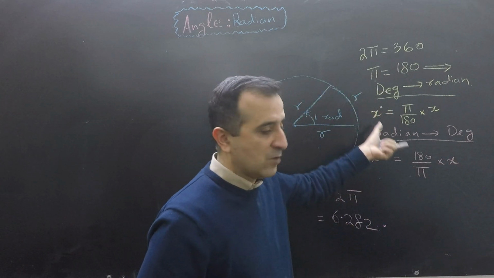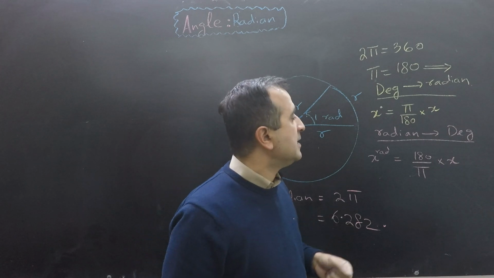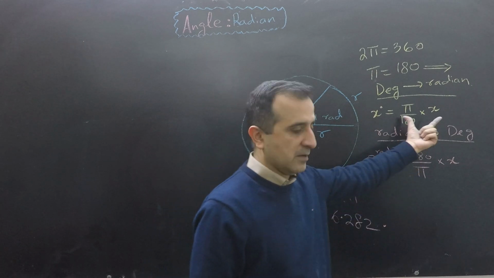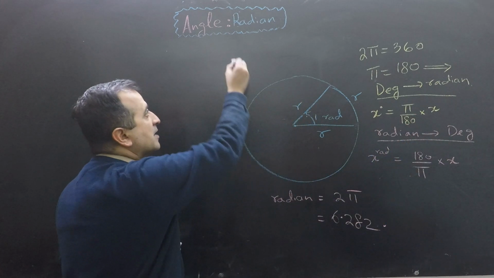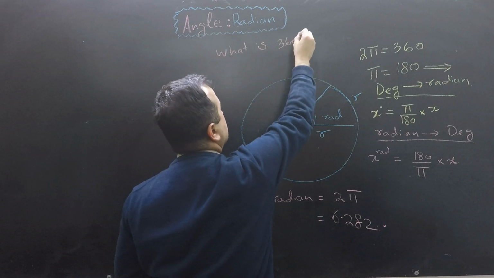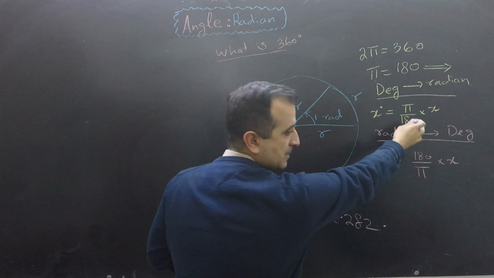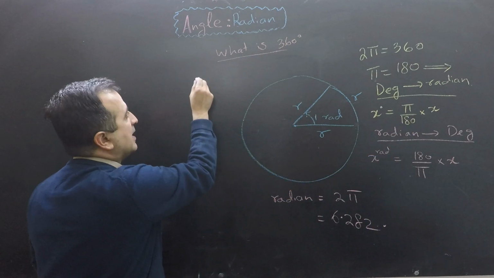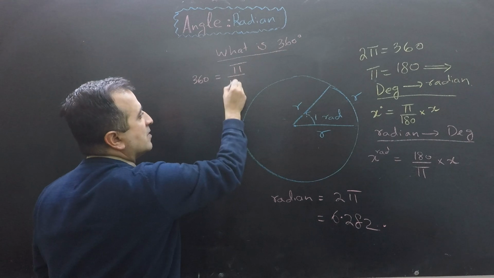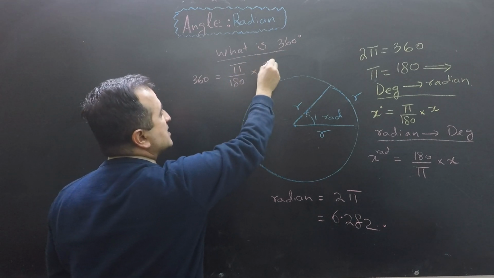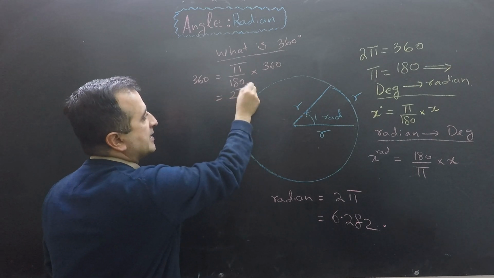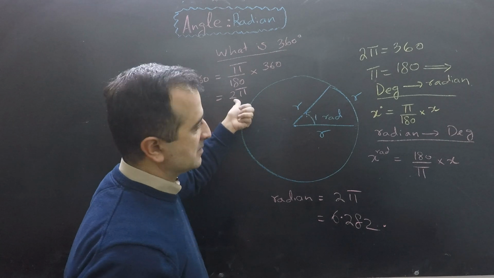Now let's verify these formulas are correct. So the question can be asked, what is 360 degrees in radians, and I use this formula, right? 360 degrees is equal to pi over 180 times 360, which is 2 pi radians.